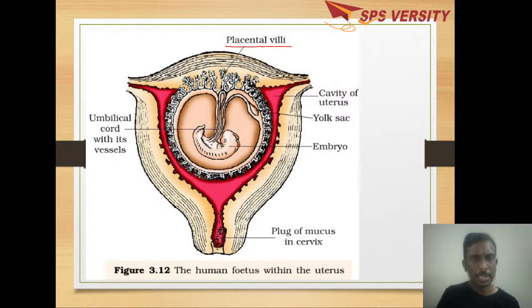The placenta forms the umbilical cord, by which the fetus is attached to the placenta.